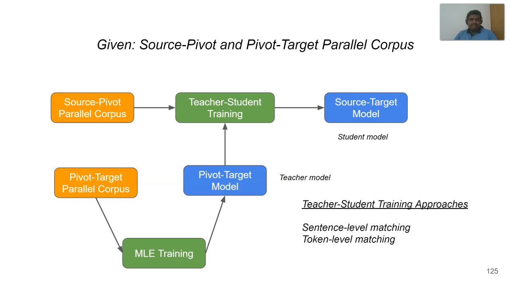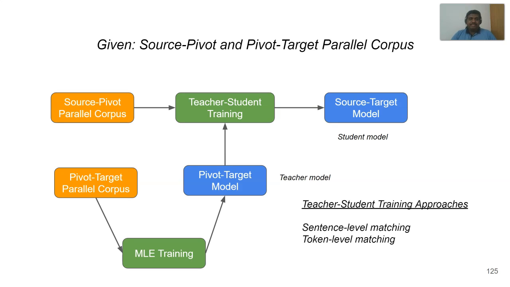Roughly what you would do is we start with the pivot target parallel corpus, train a pivot target model using standard maximum likelihood estimation, then take the source to pivot parallel corpus and use the pivot target model as the teacher and do student-teacher training.